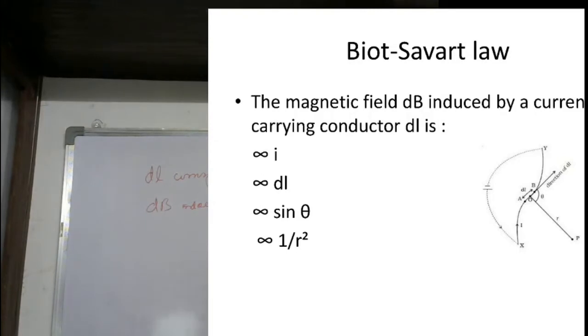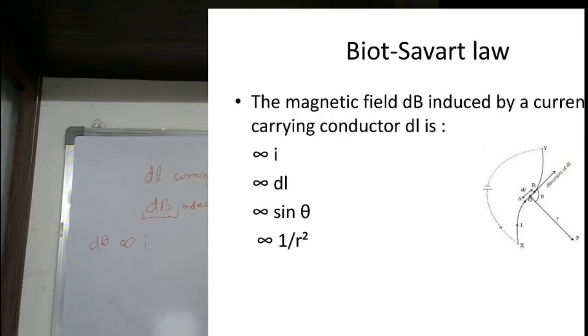Now we are going to study what factors influence the dB. What factors influence the infinitesimal element of the magnetic induction? People discovered experimentally that dB depends upon so many factors. dB, you see on the slide, is proportional to I.